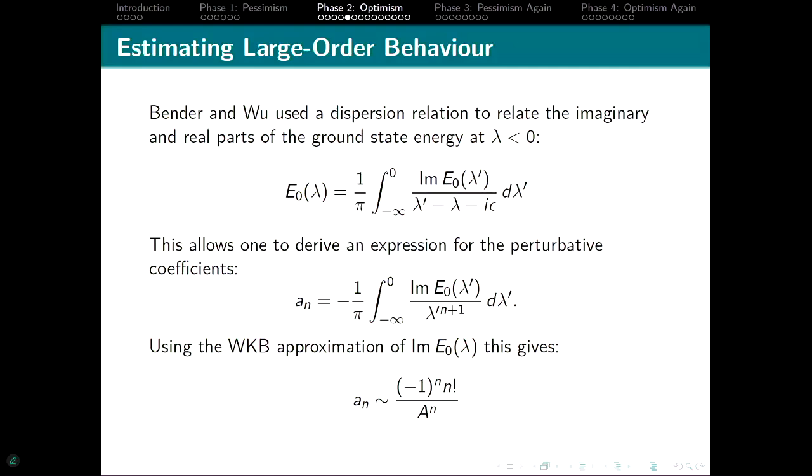Then they perform another perturbative expansion inside that integral and end up with an expression for the perturbative coefficients, so the coefficients of our expansion in lambda, in terms of this imaginary part at negative values of the expansion parameter. And then if you plug in this WKB approximation, you get a quantitative prediction for the large order coefficients.